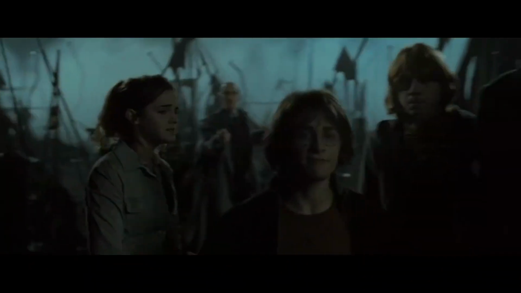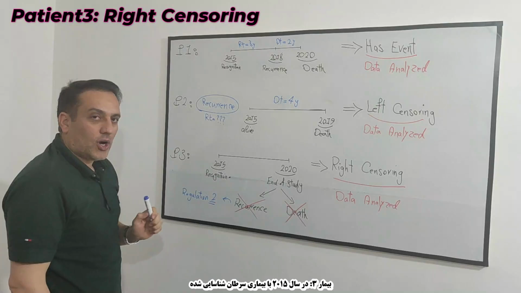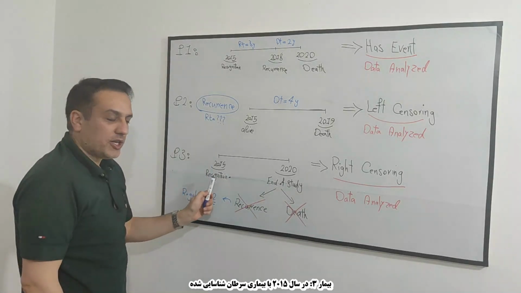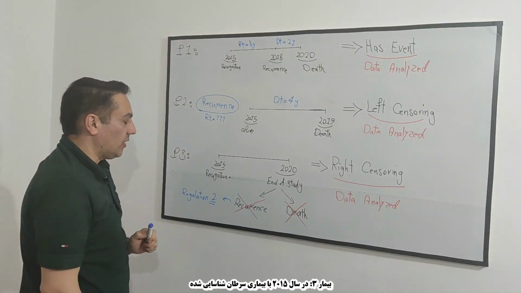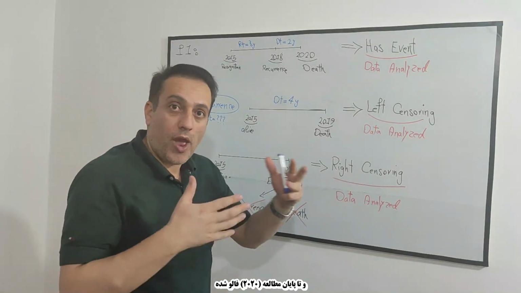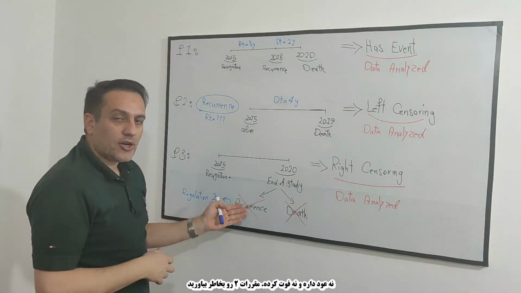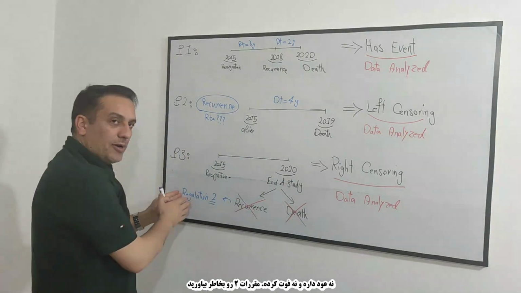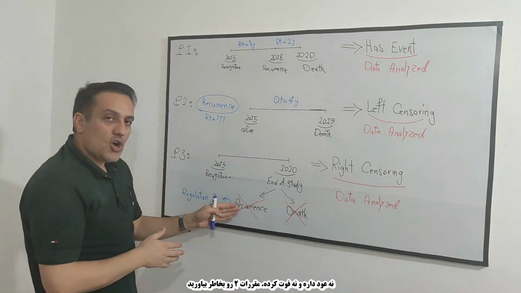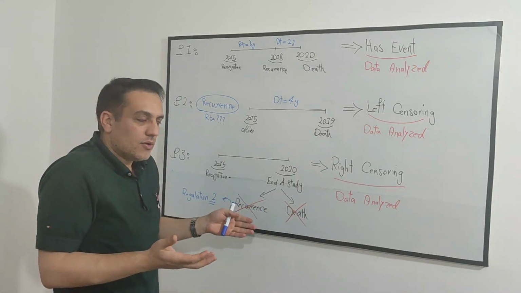Follow me. Patient 3 entered the study in 2015 with recognition of cancer and was followed until the end of the study, meaning 2020. But this patient has no recurrence. Remember regulation 2: has no recurrence and also has no death.